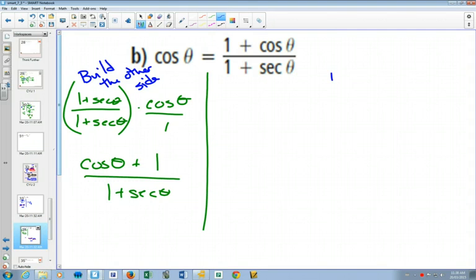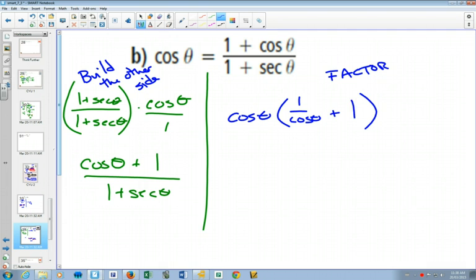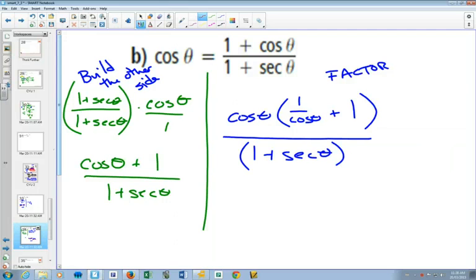Another key strategy over and over again is factoring. So if you factor out a cos theta, well, if I take a cos theta out of a 1, I get a 1 over cos theta. Because cos theta times 1 over cos theta is 1. If I take a cos theta out of a cos theta, I'm just left with 1. And on the bottom, I have 1 plus secant theta. If you see that 1 over cos theta is secant theta, these two are the same.